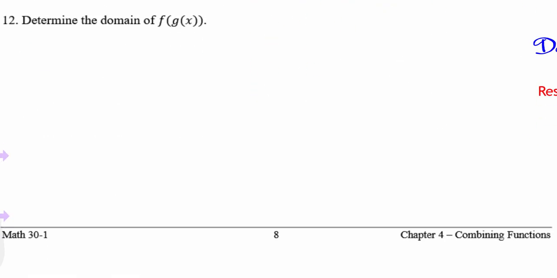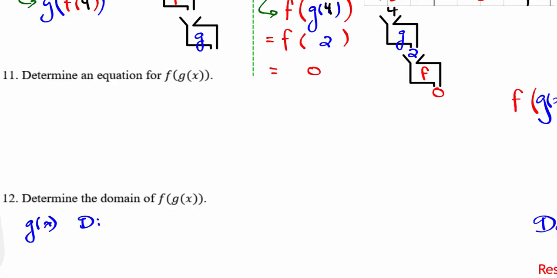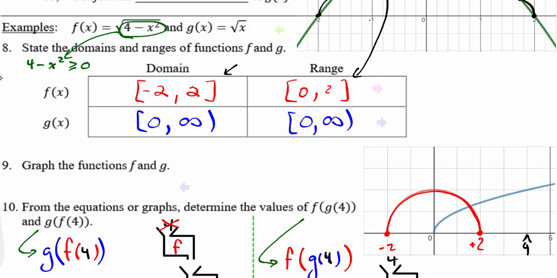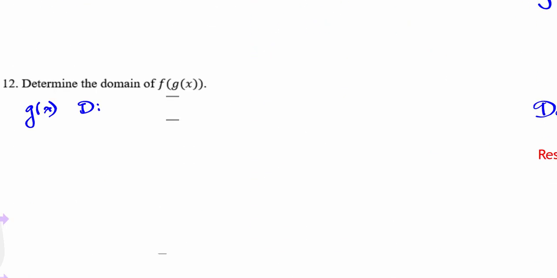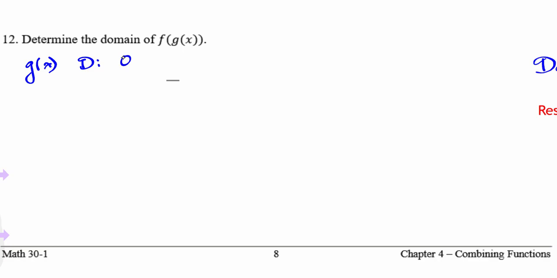And just like before, we're going to look at the two parts. First of all, for g of x. The domain for g of x was the square root of x, right? We had that at the top of the page. And its domain was from 0 to infinity.